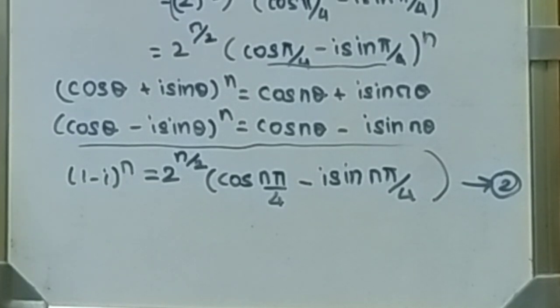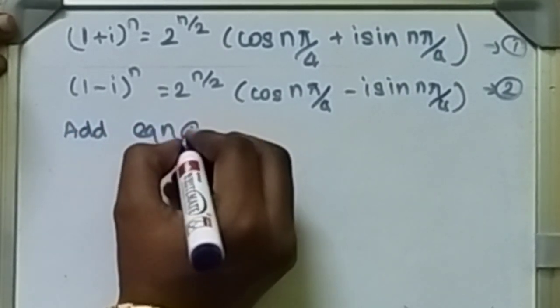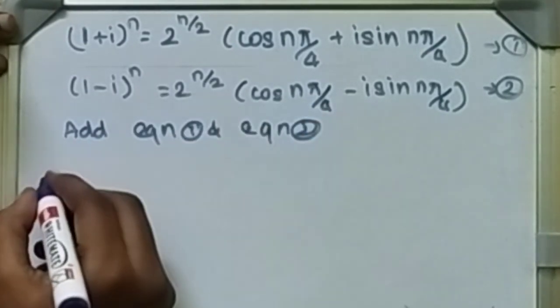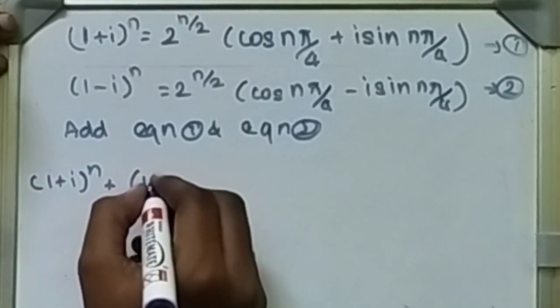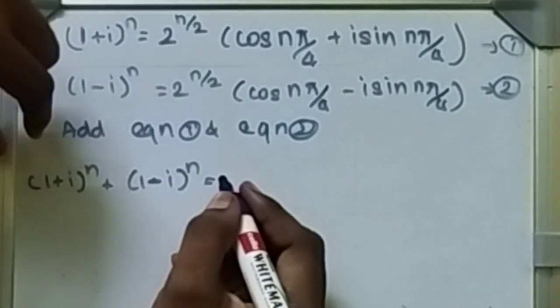If we add both the things, we will get 1 plus i power n plus 1 minus i power n. Shall we add equation 1 and 2? Yes. Now we are going to add equation 1 and equation 2. So 1 plus i power n plus 1 minus i power n equals, what is 1 plus i power n?